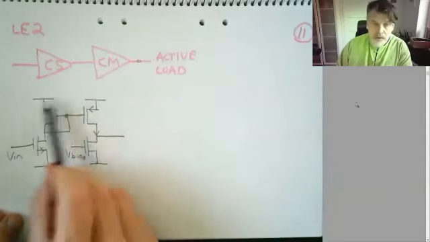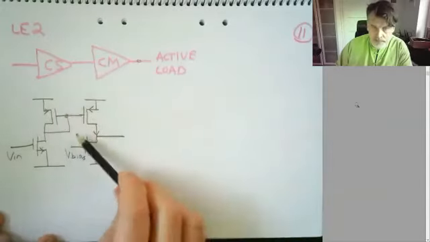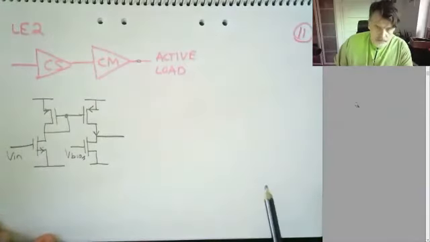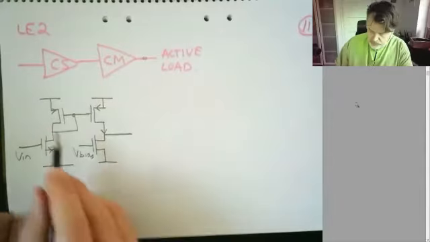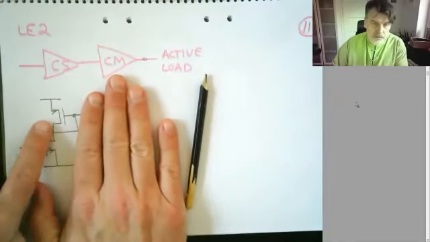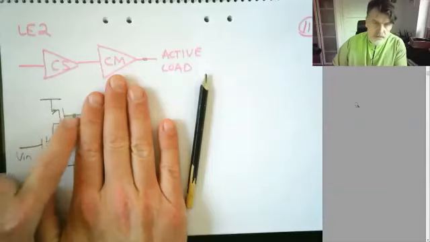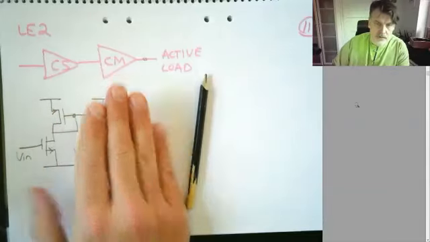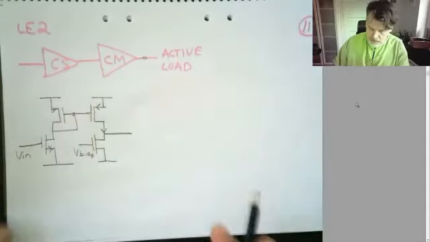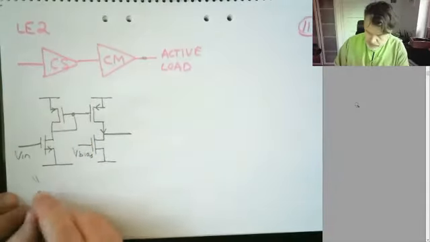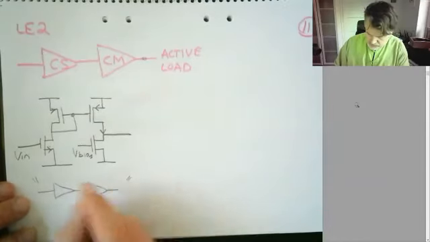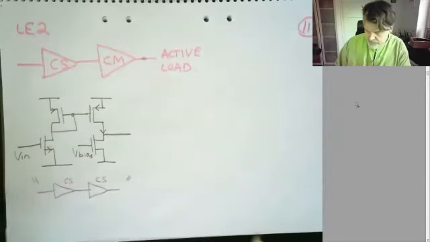So one could argue, in a slightly philosophical way, that this is a common source with an active load connected in this diode fashion. And one could argue that this is a common source also. So arguably this is common source to common source, if we want.